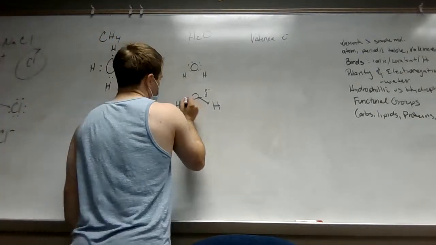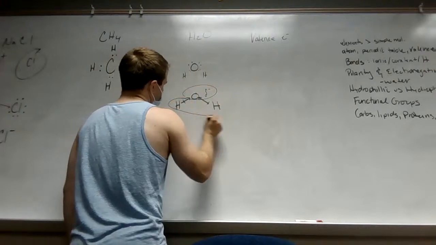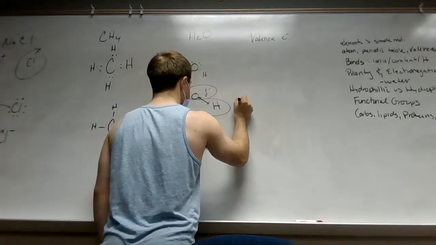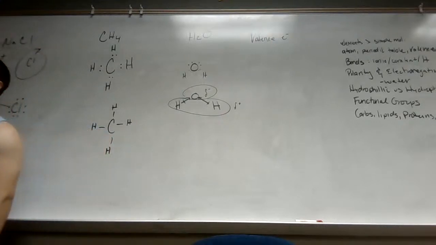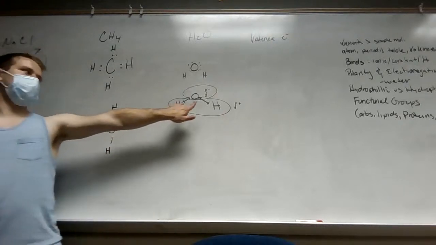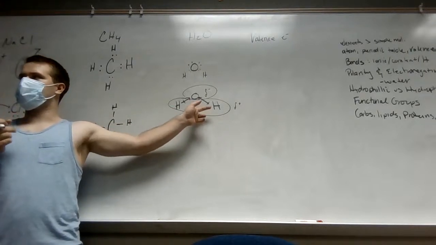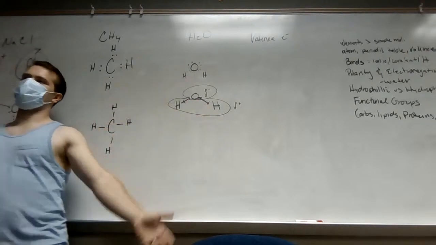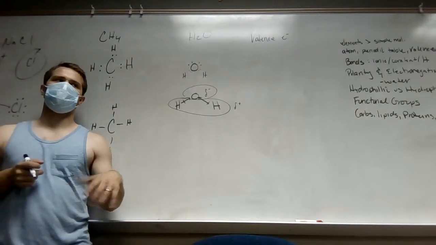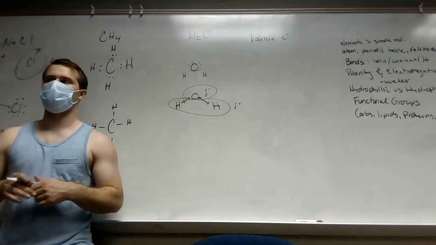And the hydrogen would have a partial positive charge. Does that make sense? So what's happening here, this unequal distribution of electrons in a covalent bond, that's what we call a polar bond. The unequal sharing of electrons in a covalent bond is a polar bond.